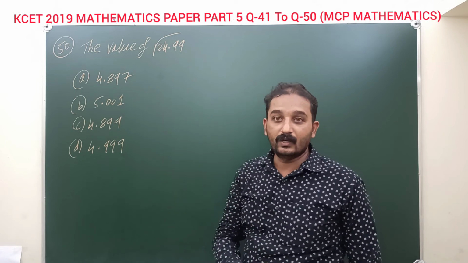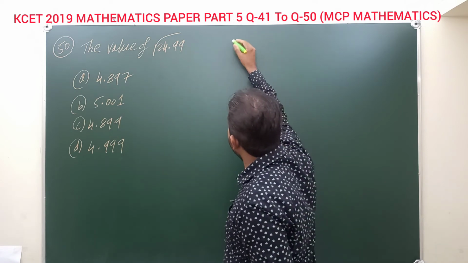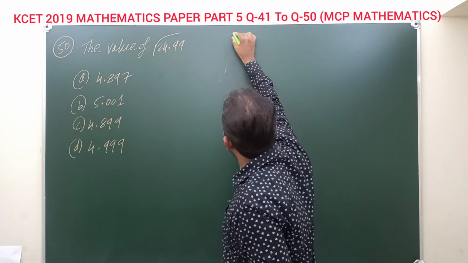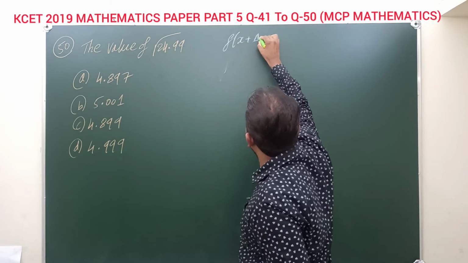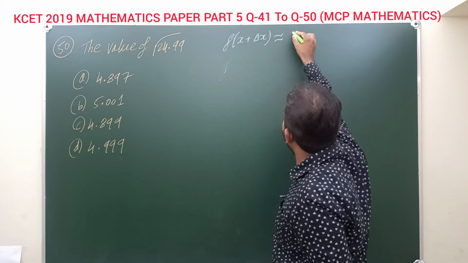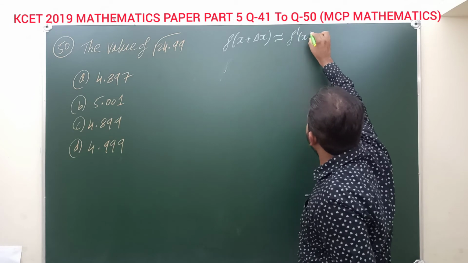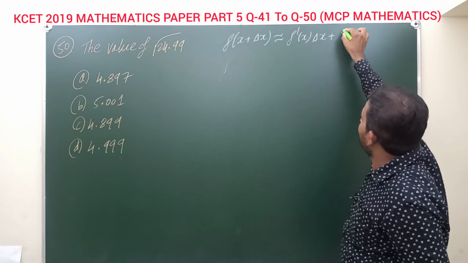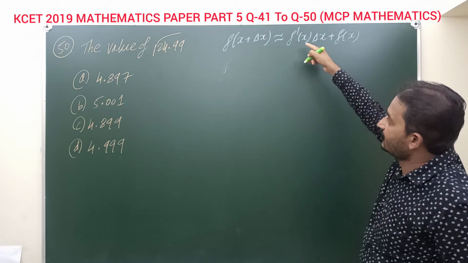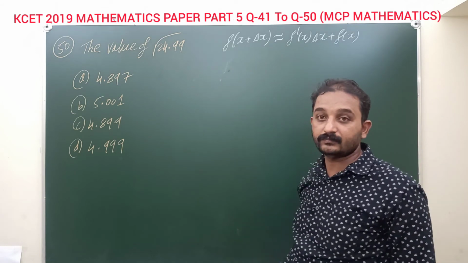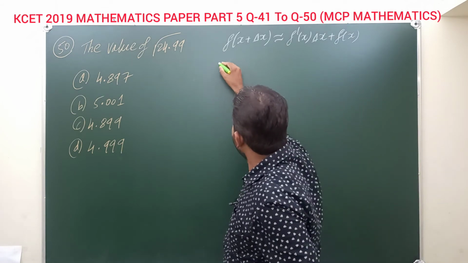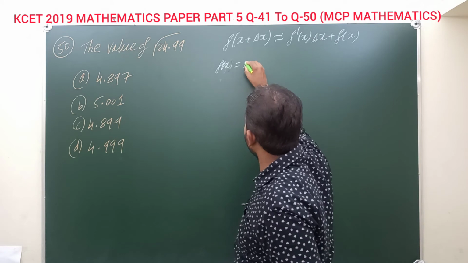Using the formula, f of x plus delta x is approximately equal to f dash of x into delta x plus f of x, we find the required answer. Here f of x is taken as root x.